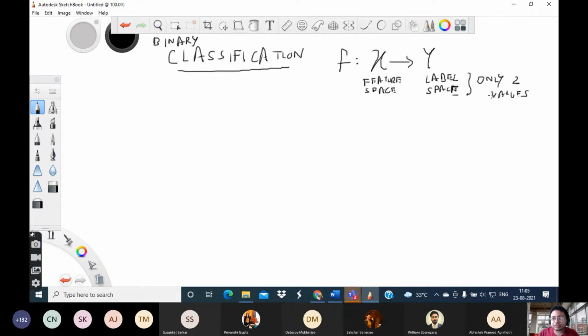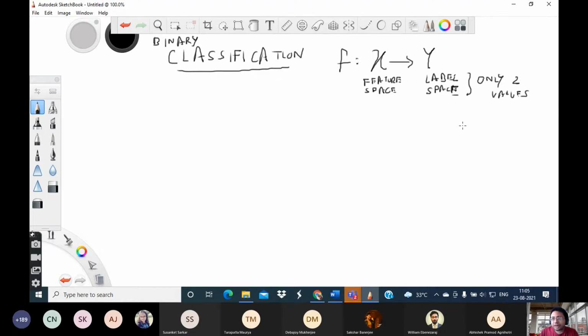Okay, so now what are these two values? The two values can be anything depending on what exactly the problem is. If it is a cat-dog classification problem, then the two values are cat and dog. If it is a positive-negative classification problem, then the two values will be positive or negative.